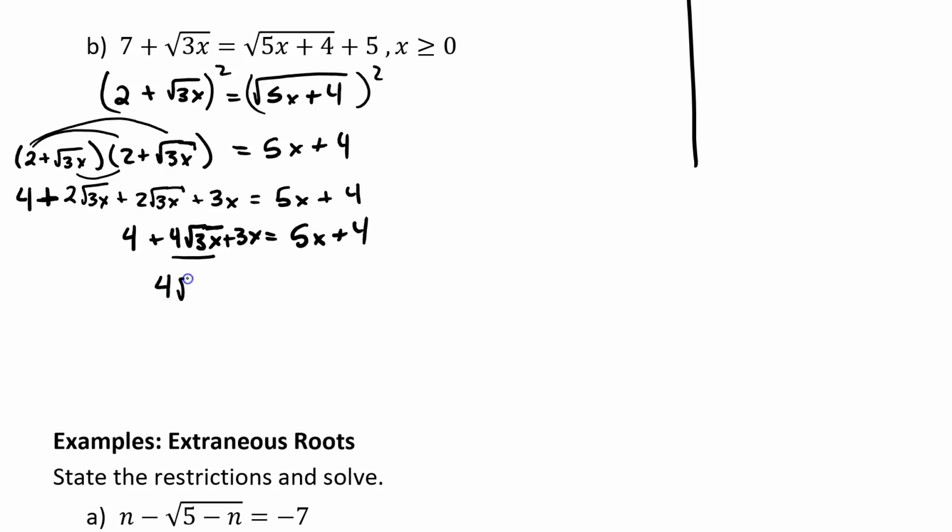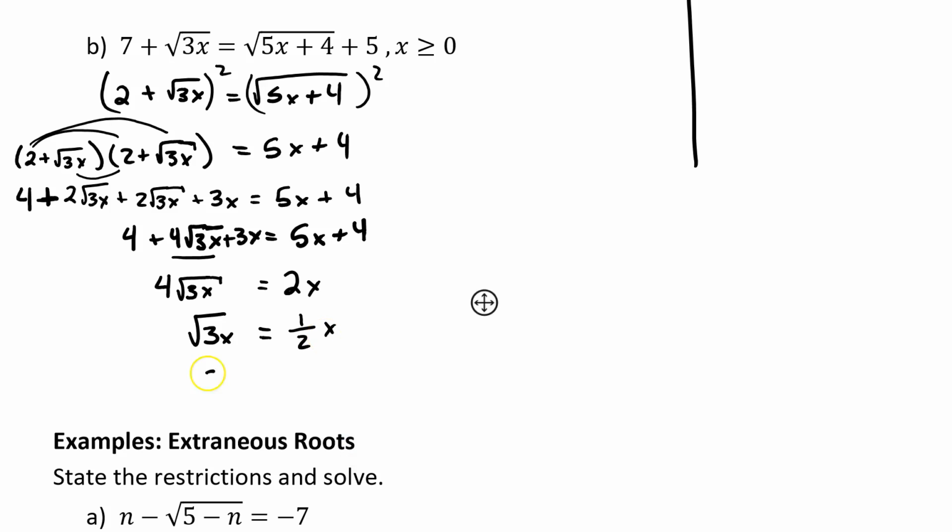So I say 4 root 3x equals 2x, and that's it, because if I subtract 4 from both sides, that 4 becomes 0. I'm going to divide both sides by 4, and so I have root 3x equals 2x over 4, which is just simply put 1/2 x.